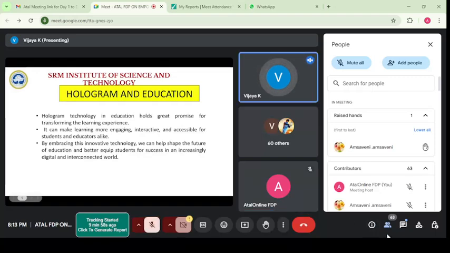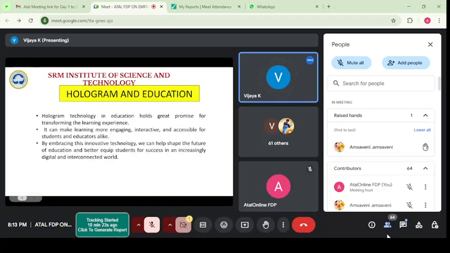See, once we embrace this technology fully, then the students would be able to understand the concepts in a better manner, and they would be able to contribute to the success in this increasingly digital and interconnected world.